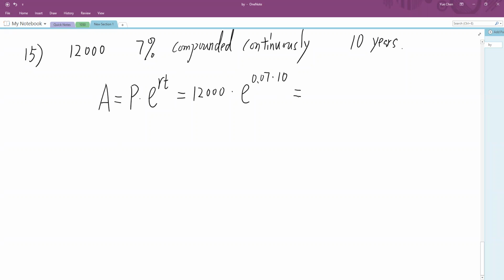So if you input this one directly, don't forget the parentheses for the power. Otherwise, you will multiply t on the previous result, not on the power. Because it's about money, we always round it to 2 decimals, to the cents. Okay, so this one would be 24165.03.